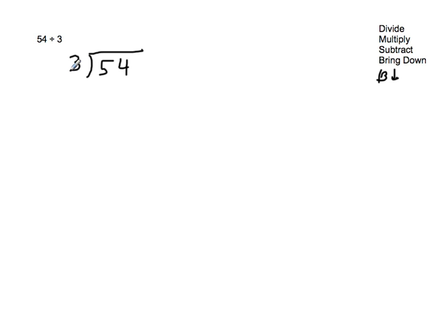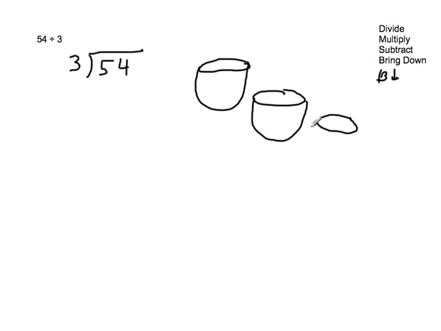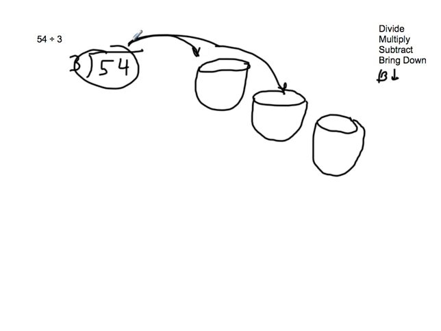So let's pretend you had 54 cookies and you wanted to divide them evenly by 3 people. So let's say you had 3 bags, and basically what this problem is saying is that you had 3 bags and you have 54 cookies, and you want to figure out how many cookies you can put into each of these bags so that each bag has the same amount, so the cookies are evenly divided.